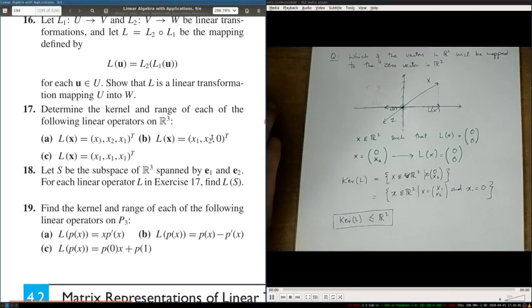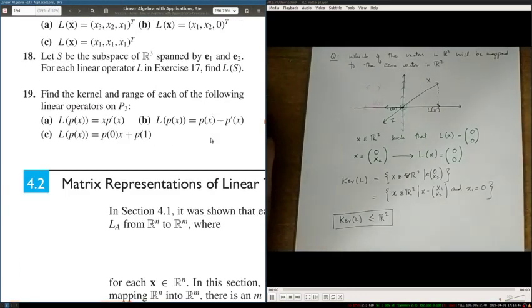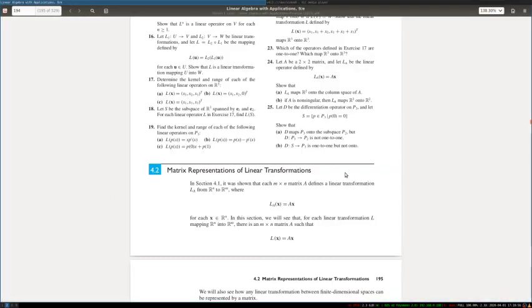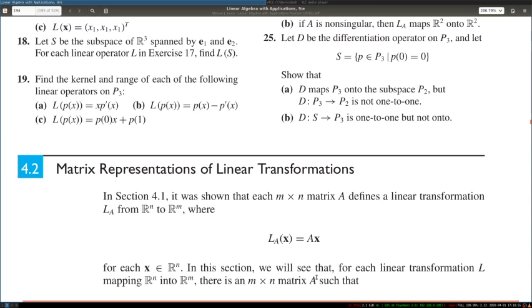And just as a preview, the next section is going to be about how we can take any linear transformation and express it as a matrix vector product. This is something that I've already mentioned, but I've not gone into the details. We'll go into the details in the next class.